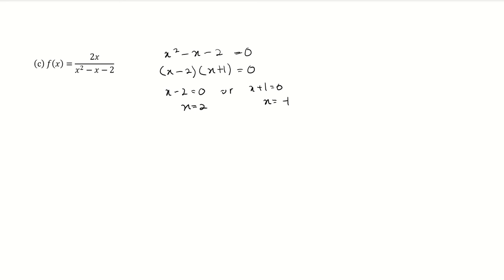So we have two values of a here, which are 2 and negative 1. That means we need to find four things here.